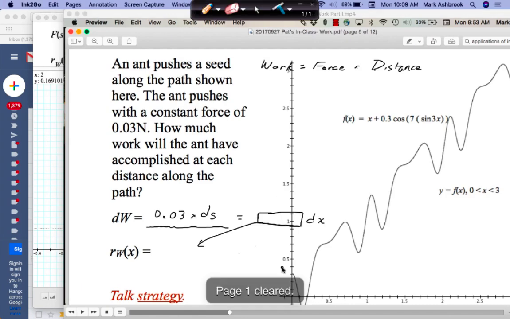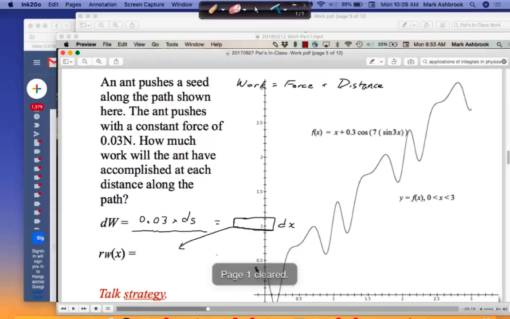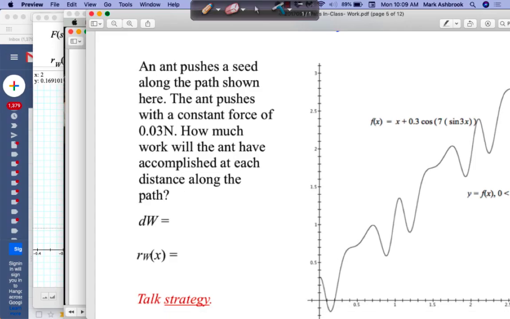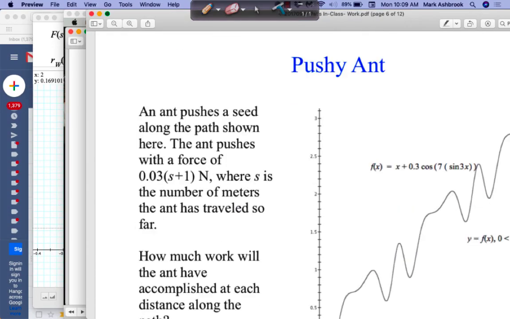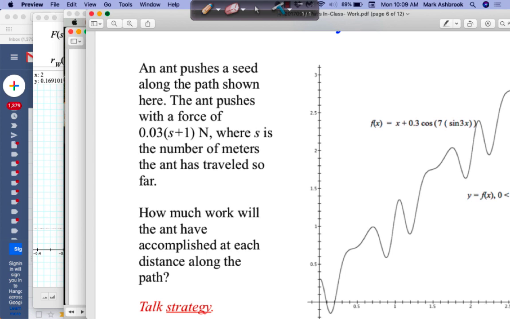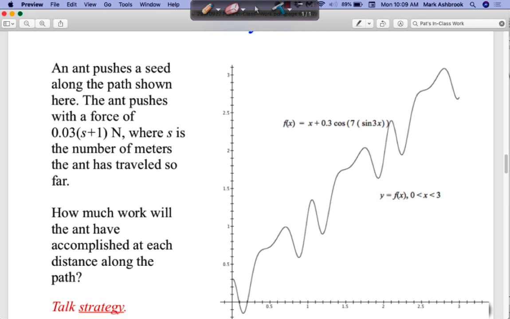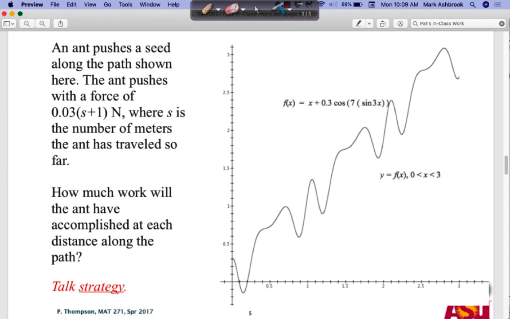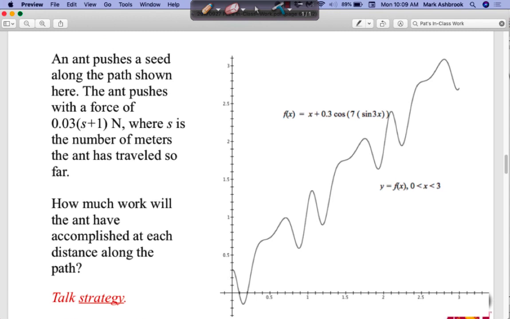So it gets a little more complicated. What about if the force changes? So far the force was constant. Same path, but now the force is a function of s: 0.03 times s plus 1. Meaning as the ant keeps walking, the force required is increasing.